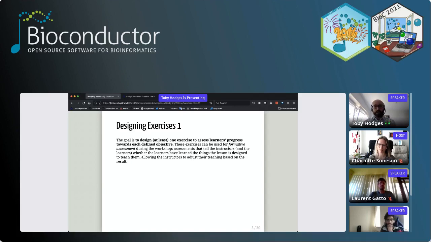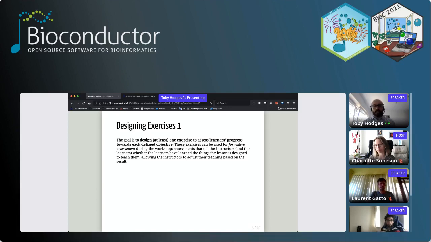So the opportunity to measure how much progress the learners have made towards these individual objectives while they're still in the workshop, and while you still have the chance to react to the outcome of those assessments during the workshop itself.